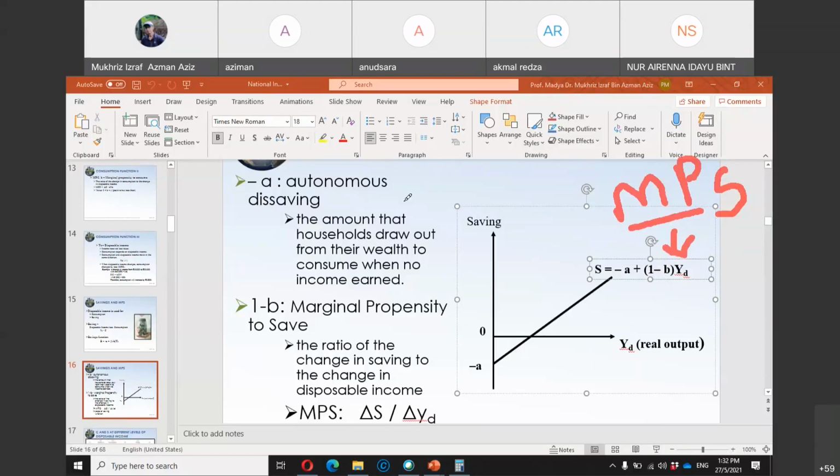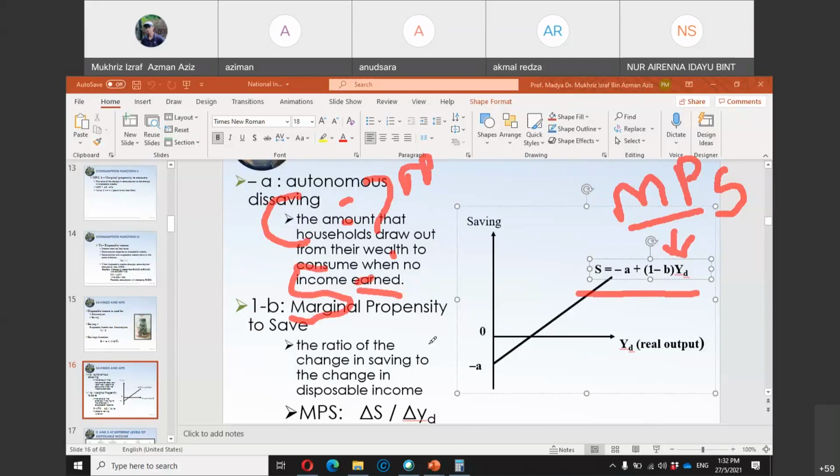If you know MPC, the marginal propensity to consume, from the consumption function, you can just subtract it from 1. B is MPC, so 1 minus MPC equals MPS. Once you know the consumption function, you can derive the saving function automatically.